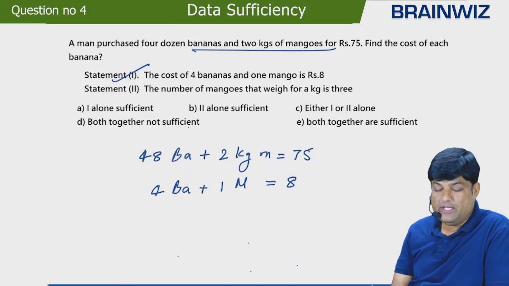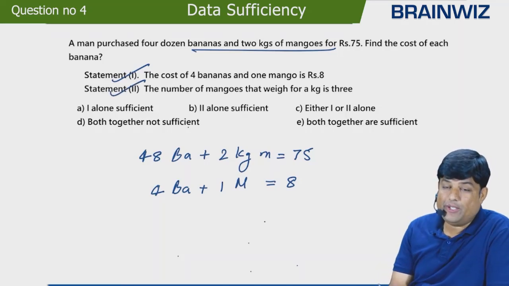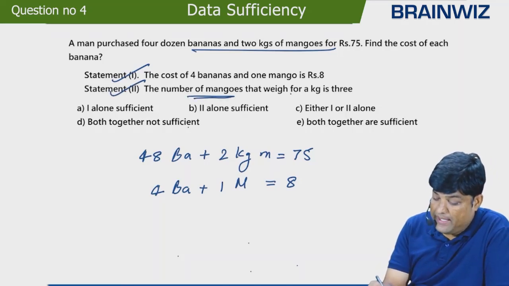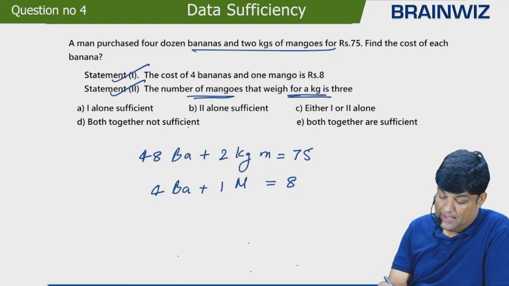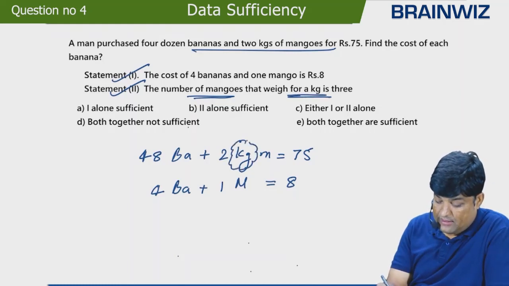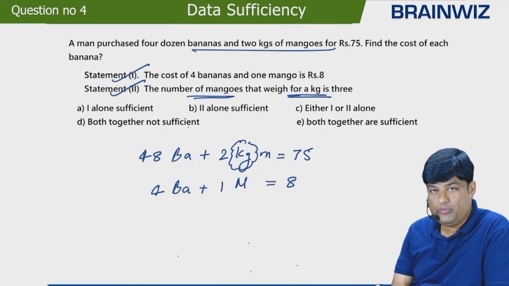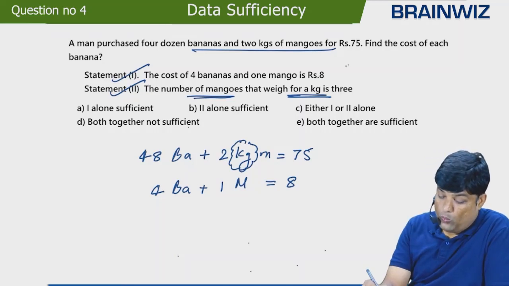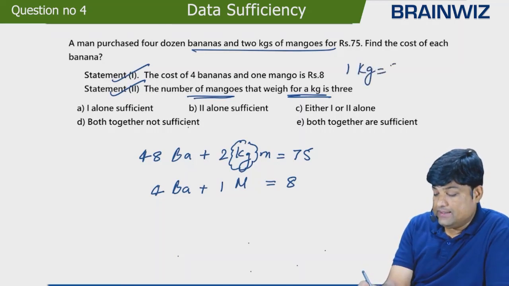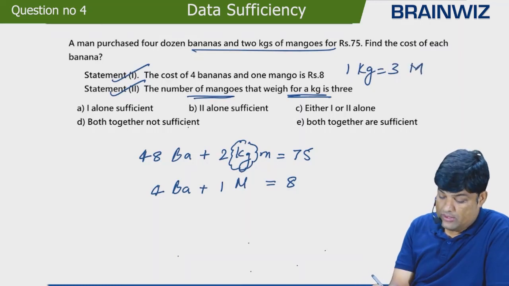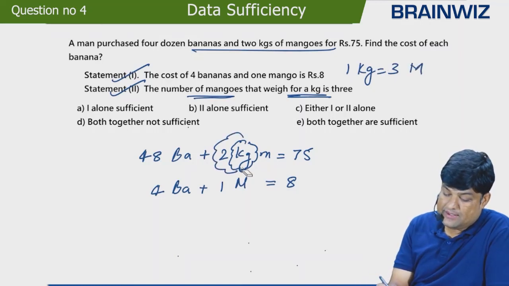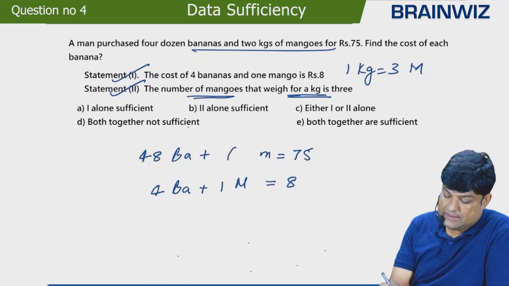As I told you earlier, we cannot solve with it alone, but I can take the statement 2's help. He told you the number of mangoes for 1 kg is 3. So this thing we just remove. Now it will be easy for you. So 1 kg is 3 mangoes. So definitely 2 kgs will be 6 mangoes.